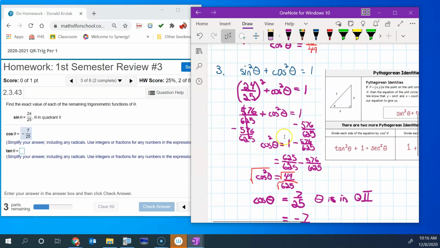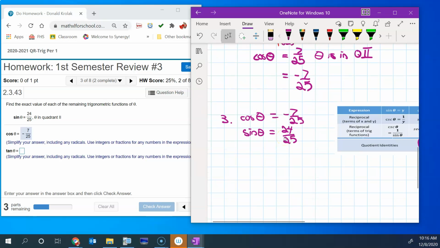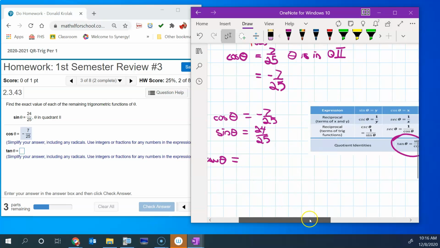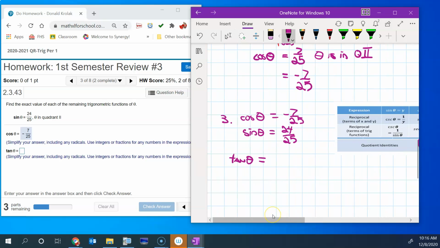All right, so we go back up here. Tangent equals sine over cosine.